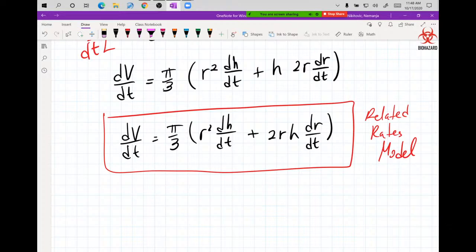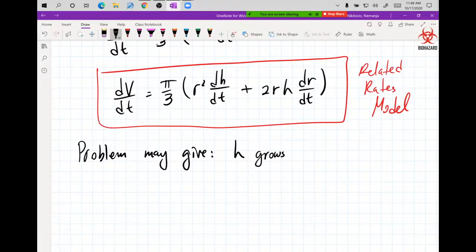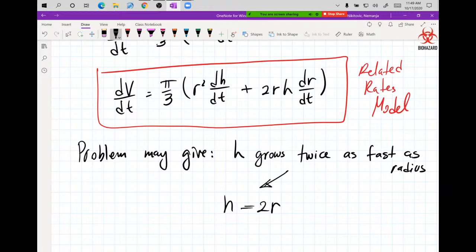So the problem may give: h grows twice as fast as radius. Now, it could be 3 times, or 2/3, or 5 times, whatever. So they're going to give something. That equation can be transferred into, in this case, h equals 2r.